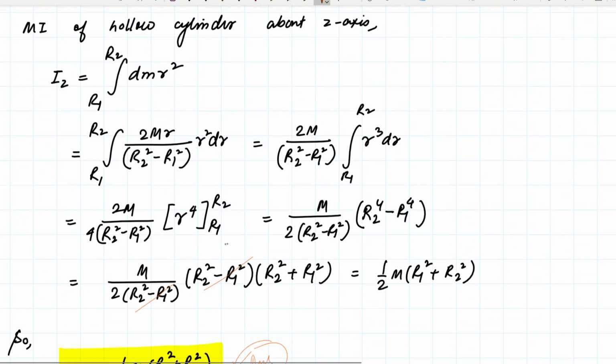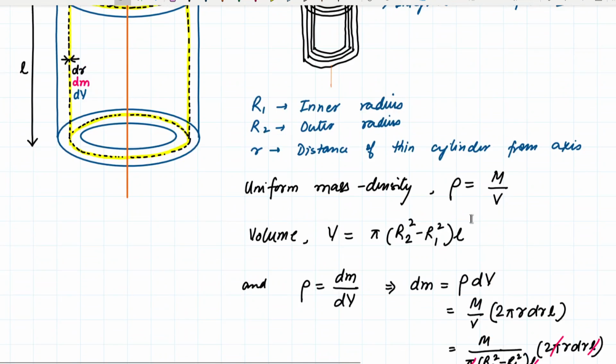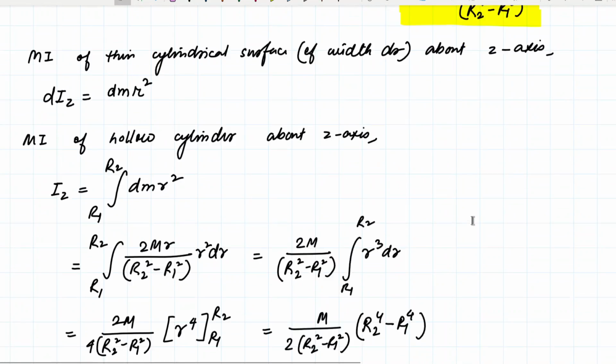Now from here you can also calculate for a special case scenario, that when r1 is equal to 0, okay, when r1 is equal to 0, then क्या बन जाएगा ये? Solid cylinder. This is simply going to become a solid cylinder.